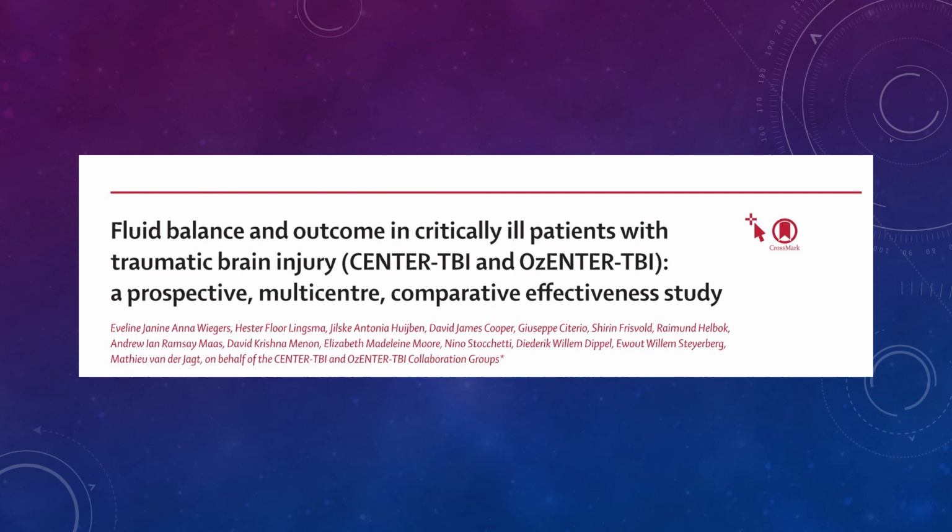They also saw similar results across multiple sensitivity analyses, including adjustments for cerebral perfusion pressure and serum sodium. In an instrumental variable analysis, higher fluid balance was again associated with mortality and an unfavorable outcome.